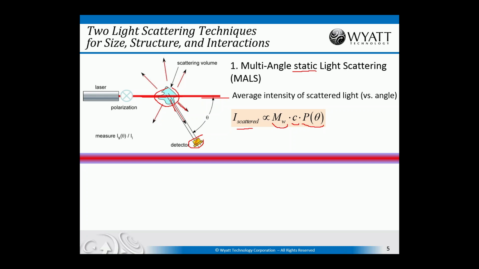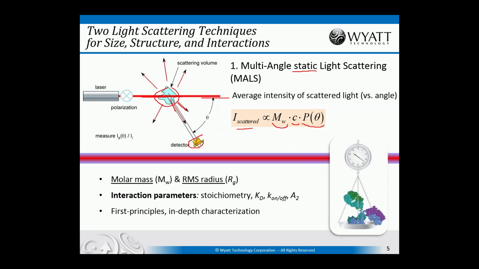But for sizes larger than about 10 nanometers in radius and up to 500 nanometers in radius, multi-angle light scattering can measure size. So from first principles, MALS will measure molecular weight as well as the RMS radius, known as RG or the radius of gyration. That's one way of measuring size.